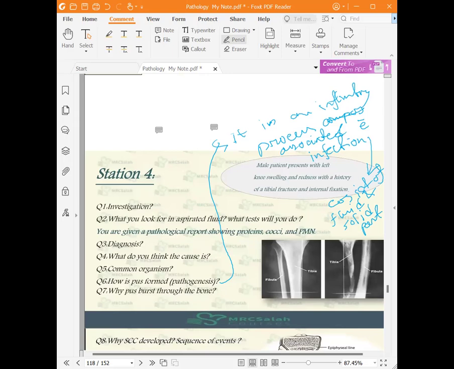Due to increased interosseous pressure, due to increased osmolarity, due to increased tissue breakdown, also due to formation of a large rounded opening in the involucrum. This pus bursts through the bone and comes out.